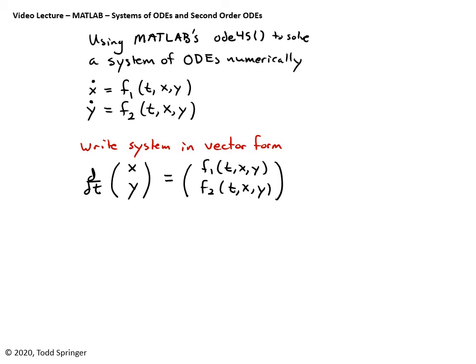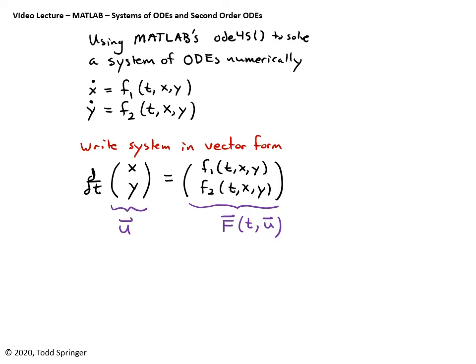And then to make the notation really compact, I'm going to call this vector u. So u is a vector. The first entry is x, the second entry is y. And I'm going to call the thing on the right also a vector. Let me call this whole thing capital F. It depends on t and also on u, because it depends on x and y, but x and y are pieces of u.